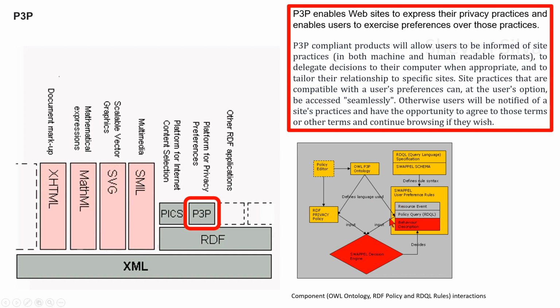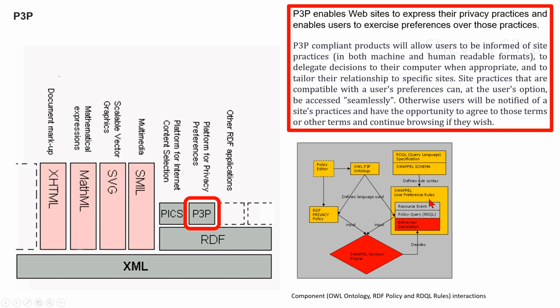The policy editor can access the RDF privacy policy and the OWL P3P ontology, and the RDQL query language specification, and the SWAPPEL schema defines the rule syntax for SWAPPEL user preference rules.